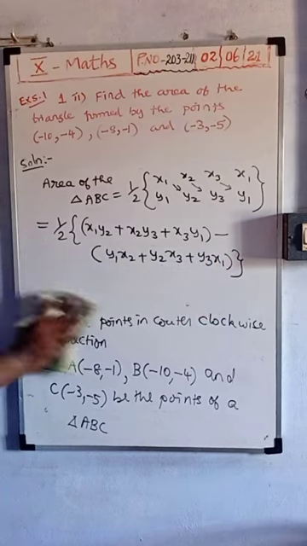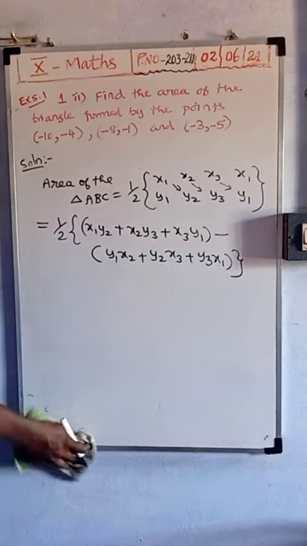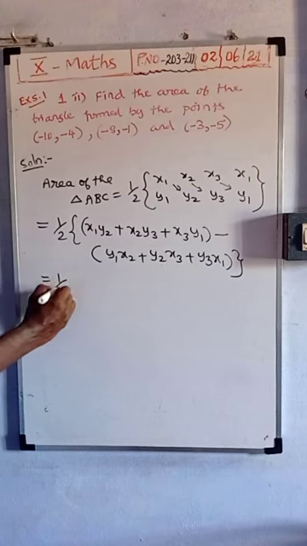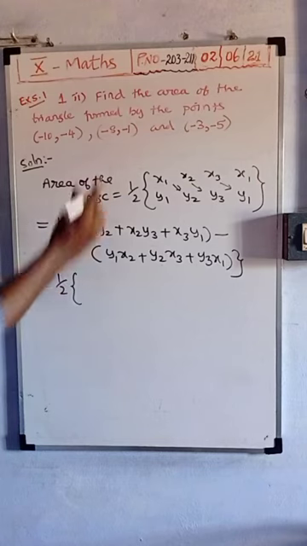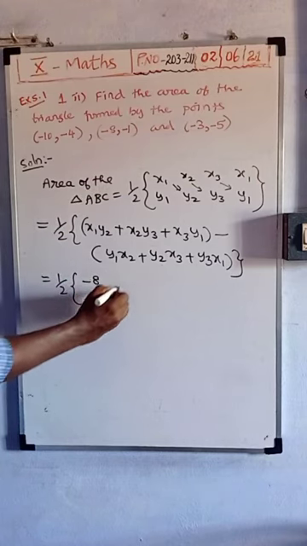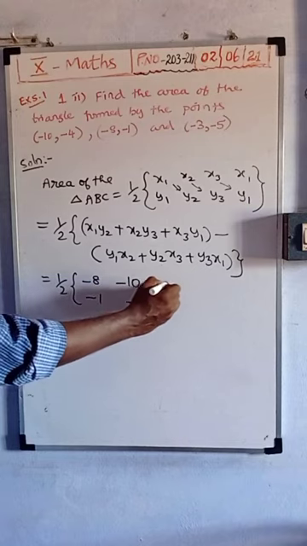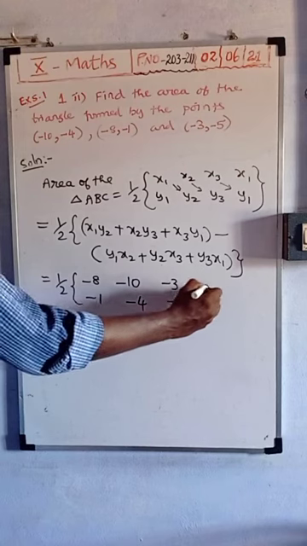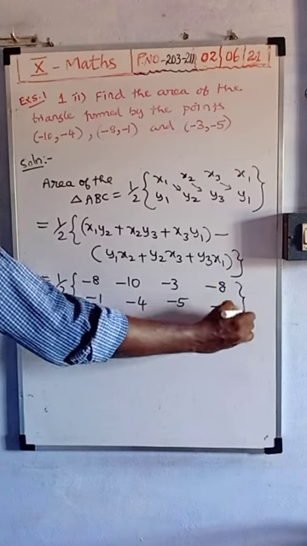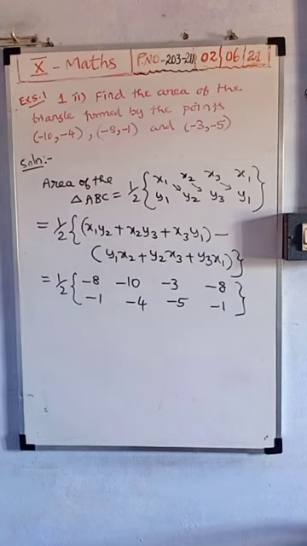So this is the formula. Now you substitute: half of, A point is -8 comma -1, B point is -10 comma -4, C point I choose -3 comma -5, again ends with -8 comma -1. Which one you started with, the same you want to end with.